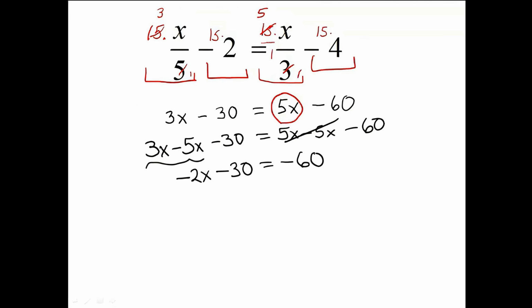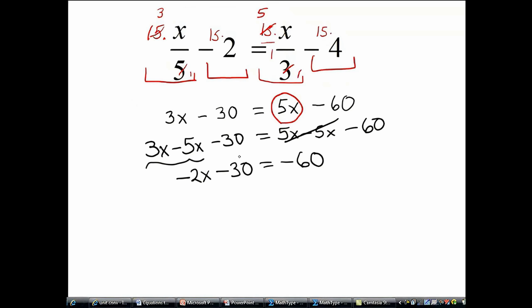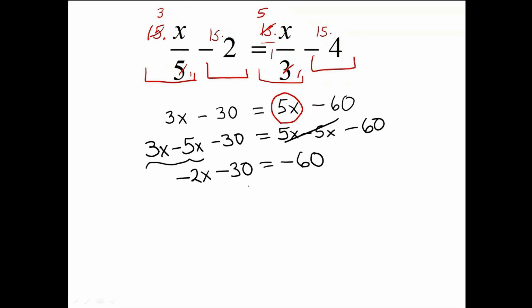Now we have a standard two-step equation. Work on the side with the x, and take off anything added or subtracted. So we're going to take off the negative 30. So we will add 30 on both sides to make this one cancel.